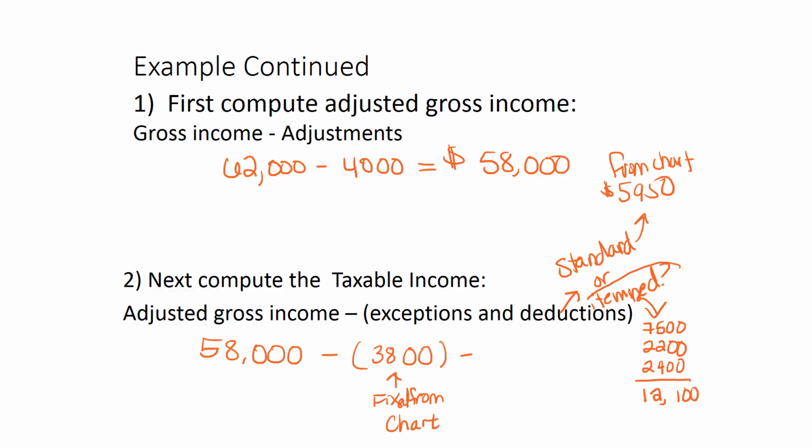So we definitely want to subtract off the itemized deduction, right? You want to subtract off the most because you want to pay the least number of taxes on your income, right? So $12,100. We definitely want to use this as opposed to the standard deduction. So $58,000 minus $3,800 minus $12,100 is $42,100. Okay, that is the taxable income.